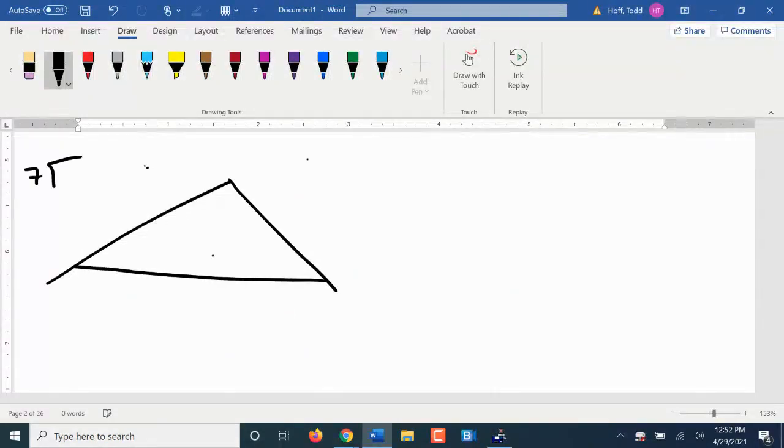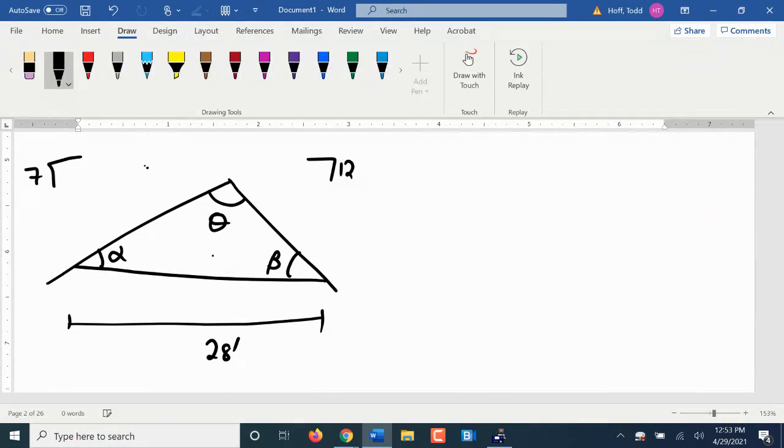This side is 7/12. This side is 12/12. And let's go with a 28-foot span. I'm going to call this angle here alpha, this angle here beta, this angle up here is going to be theta.